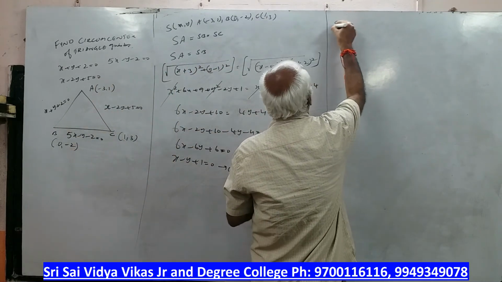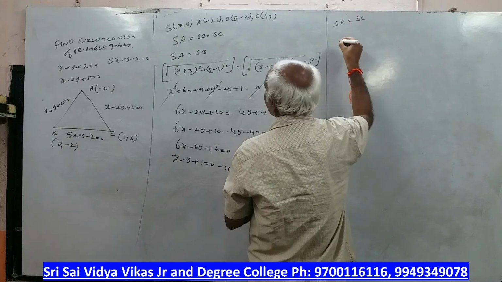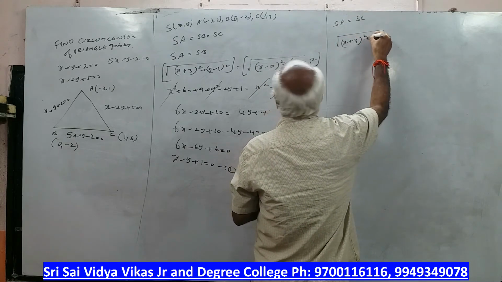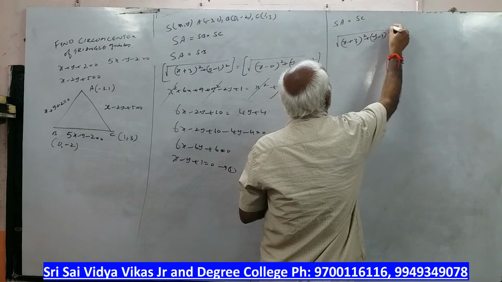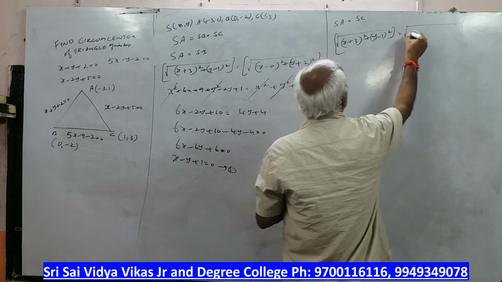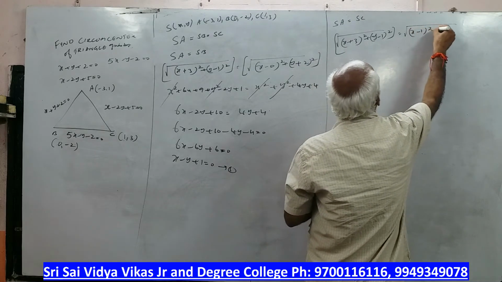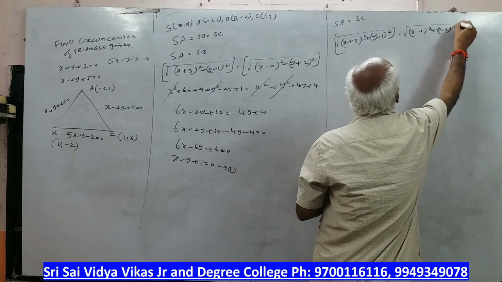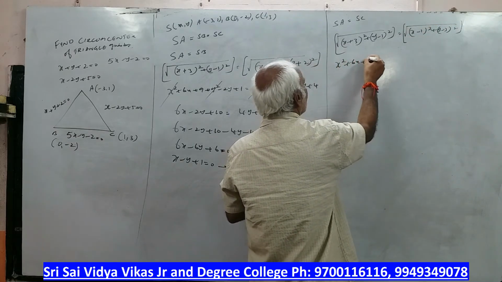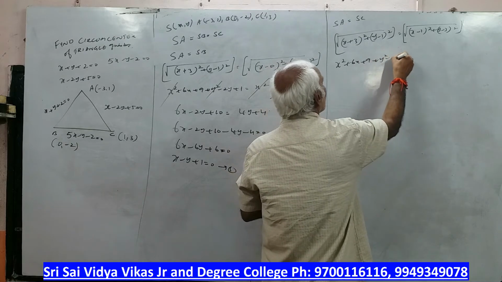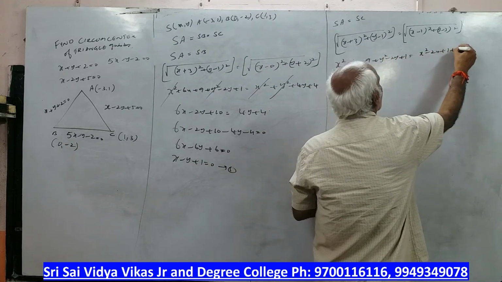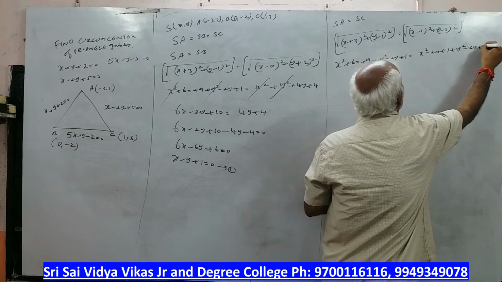Okay, again SA is equal to SC: root of x plus 3 whole square plus y minus 1 whole square is equal to root of x minus 0 whole square plus y minus 3 whole square. So square root will get cancelled. X square plus 6x plus 9 plus y square minus 2y plus 1 is equal to x square plus y square minus 6y plus 9.